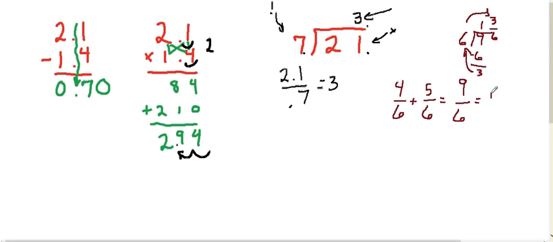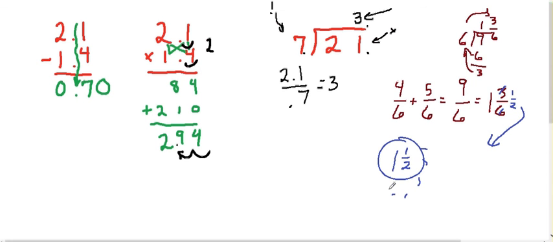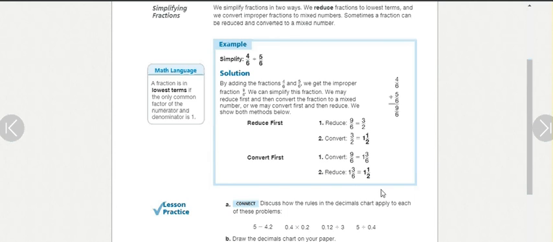So 9/6 is the same as saying 1 3/6, but we're not done. Why? Because this right here can still get reduced down to a half. So our real answer, after simplifying both ways in this case and adding, we have 1 and a half. Fair?